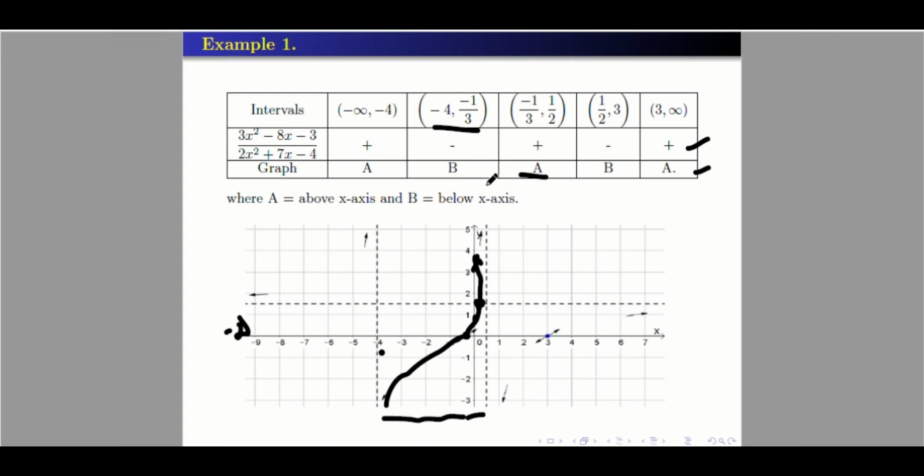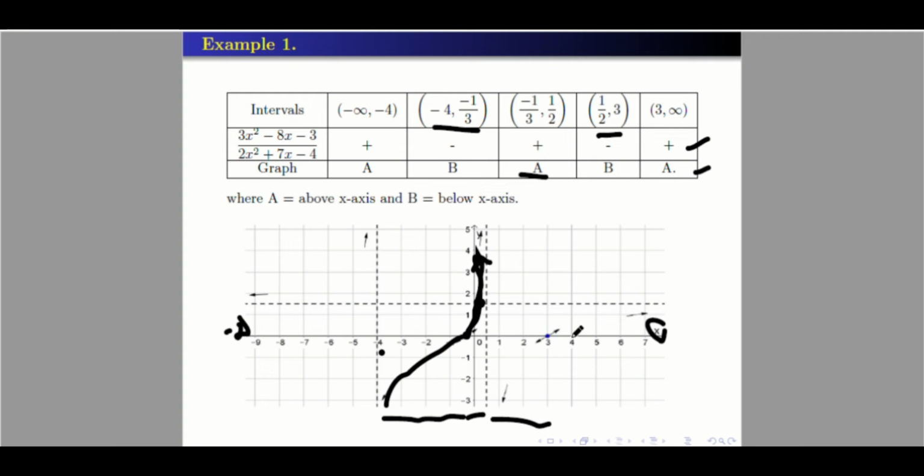Okay, so I repeat, in this interval, negative 1/3 to 1/2, it is above, so we'll just draw a curve above the x-axis. So this is the x-axis. Above, it should be this one. Okay, next, let's go to 1/2 to 3.